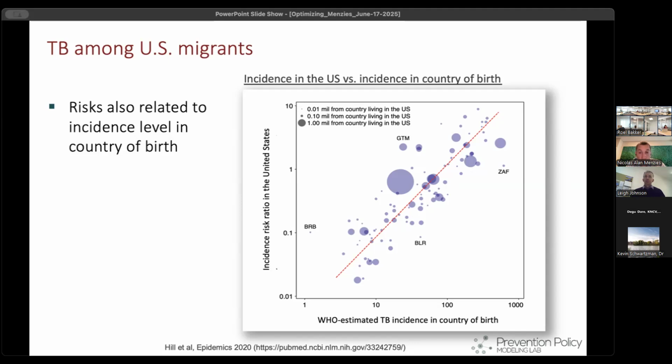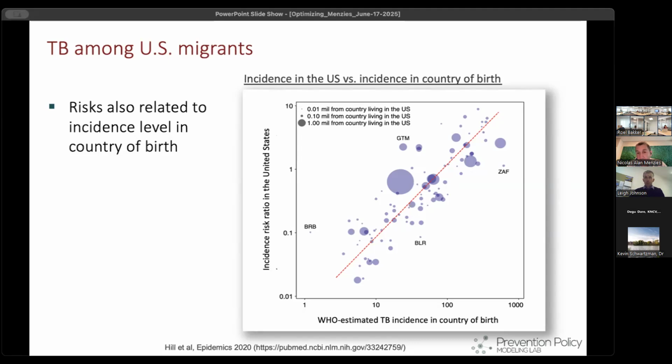And if this does work mechanistically, we would expect TB incidence rates to be higher if people are immigrating from parts of society in their country of origin where TB transmission was greater. So lower socioeconomic status would be an obvious one.